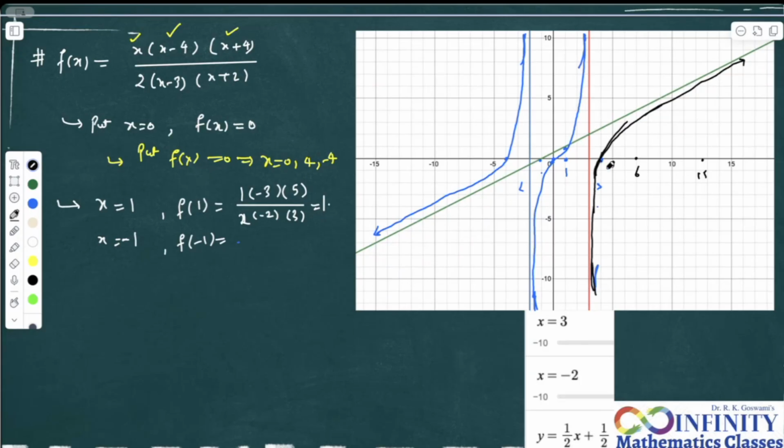At any point, you will be having only a single value. So let me just try to plot this graph. Give me a second. Let me just try to verify. The asymptotes are x equals 3 there, x equals -2 there, and that is all. Let me just try to get a screenshot.